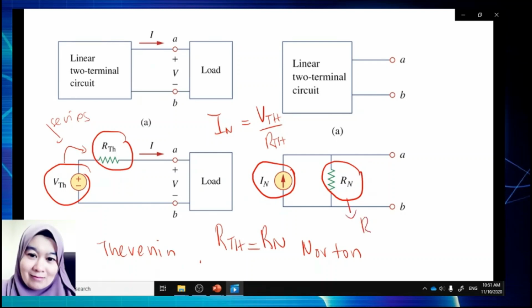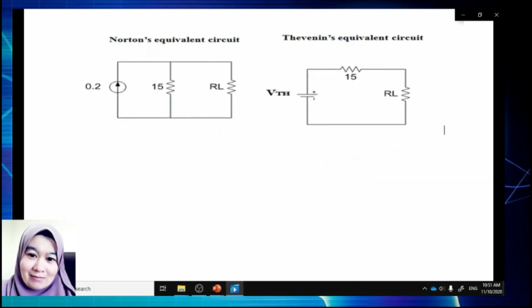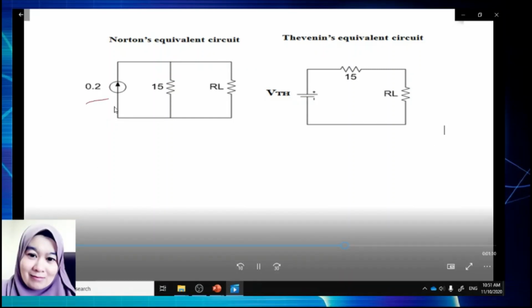So RTN is the same as RTH, only the position changes from the series connection to the parallel. So this is a Norton equivalent circuit and a Thevenin equivalent circuit. If we have a 0.2 current source, we can change it to Thevenin, or vice versa.